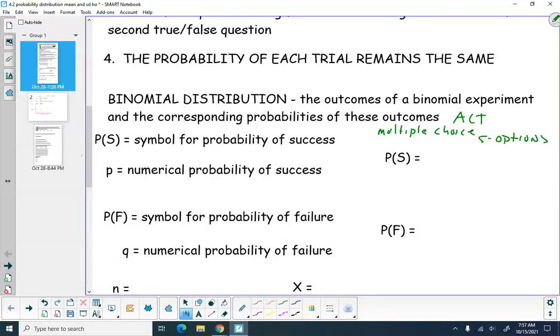20%. How did you get it? I have 1 correct answer out of a total of 5. So my probability of success is 1/5, which is 0.20.